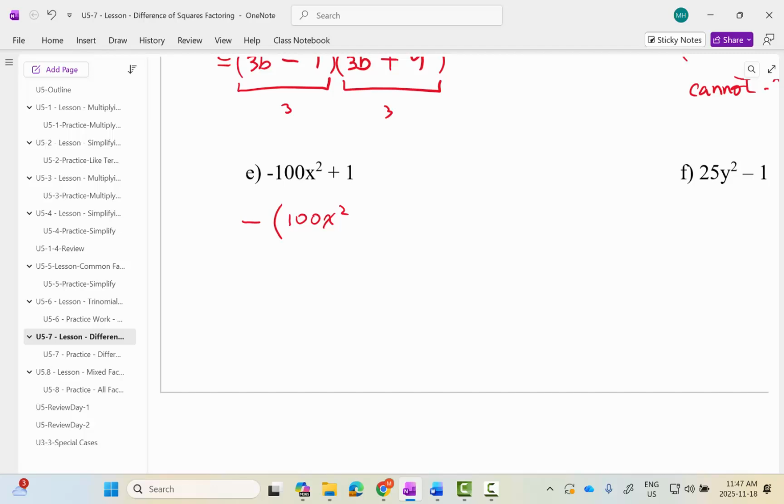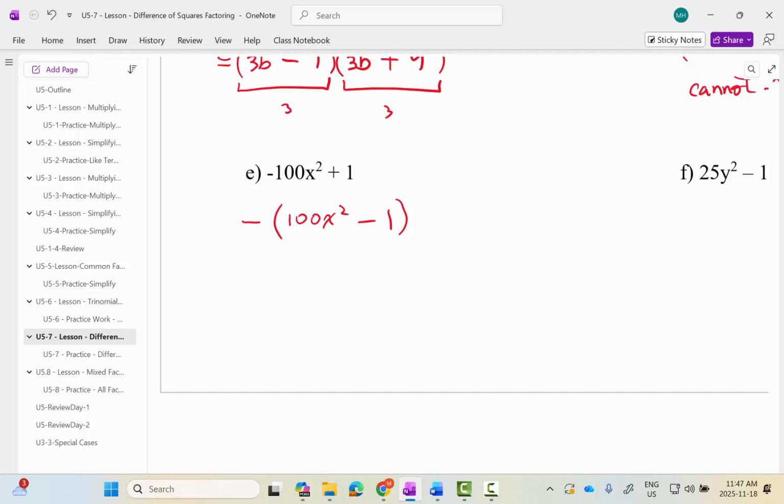And instead of a positive 1, I'm going to see minus 1. So now it looks more like a difference of squares that we're used to. We have the negative in the middle instead of at the front. So all you have to do is common factor out the negative sign first.